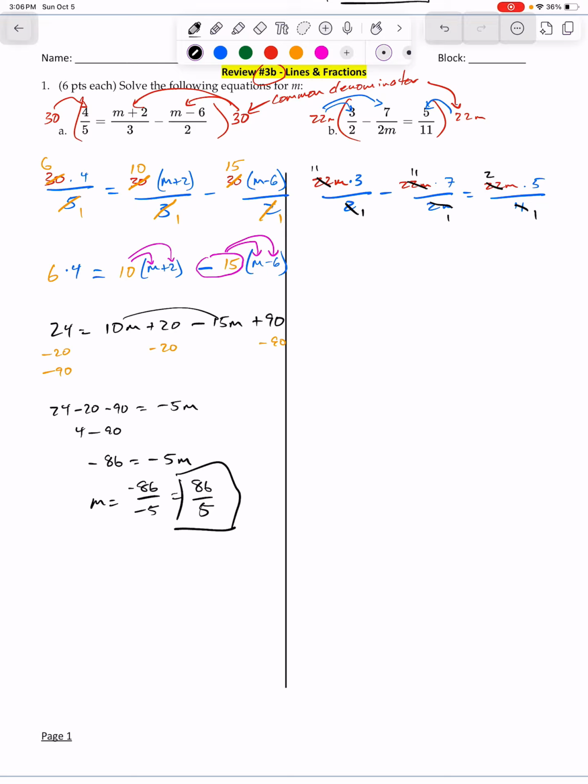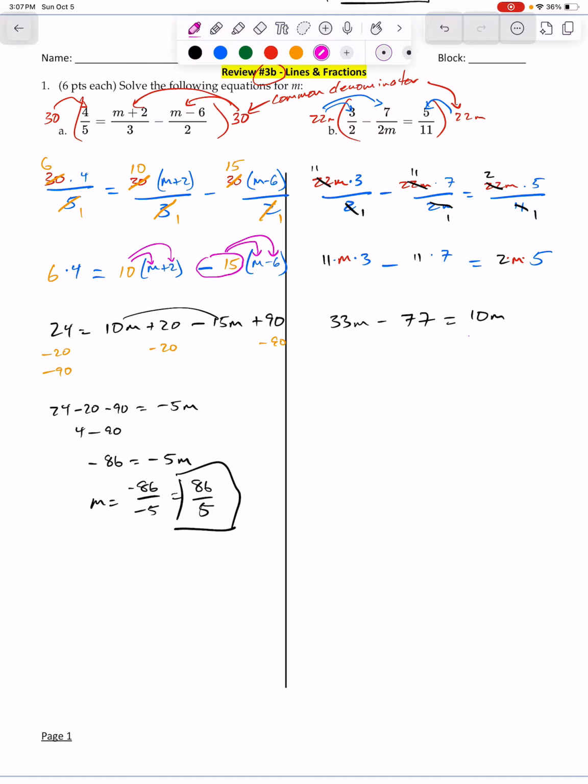So I end up with 11 times m times 3 minus 11 times 7 equals 2, don't forget the m, times 5. So all told, that's 33m minus 77 equals 10m.